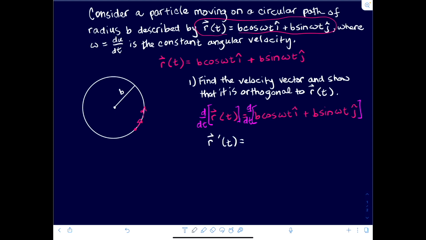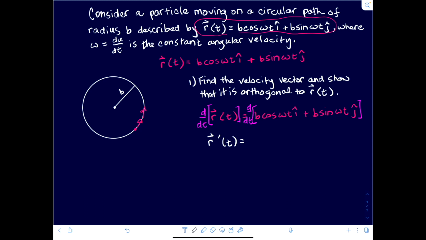So when we apply the chain rule, remember that for the first part, the derivative of the cosine of something is negative the sine of something, and we've got a linear function in the angle, so omega will be a multiplier as well.